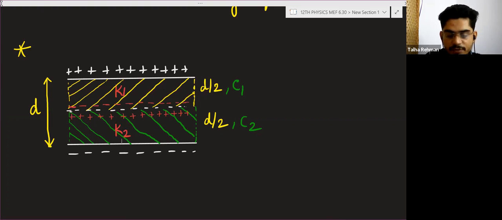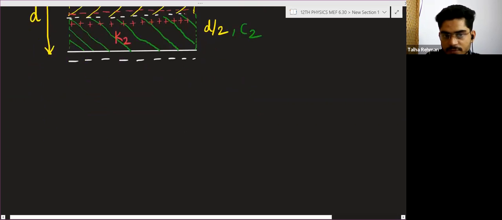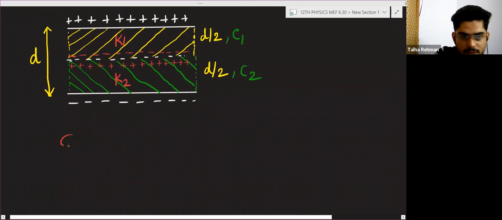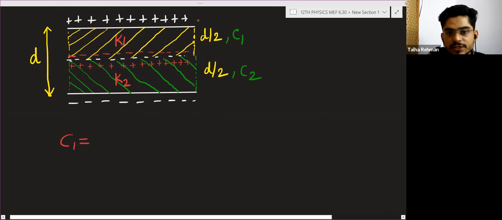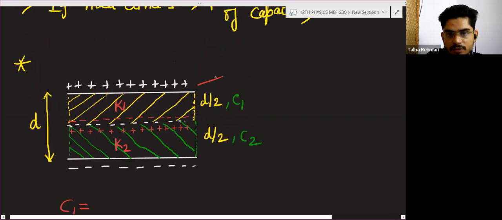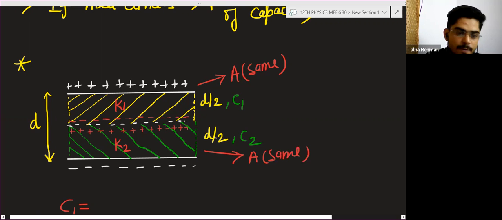Okay, if I want to calculate C1, then we have the formula for C1. Area is not changing of the plate. Area is same for this capacitor, and area is same for this capacitor also.